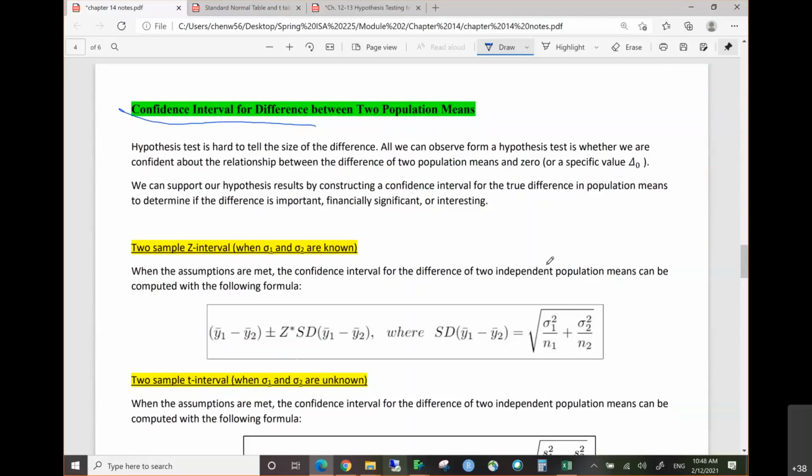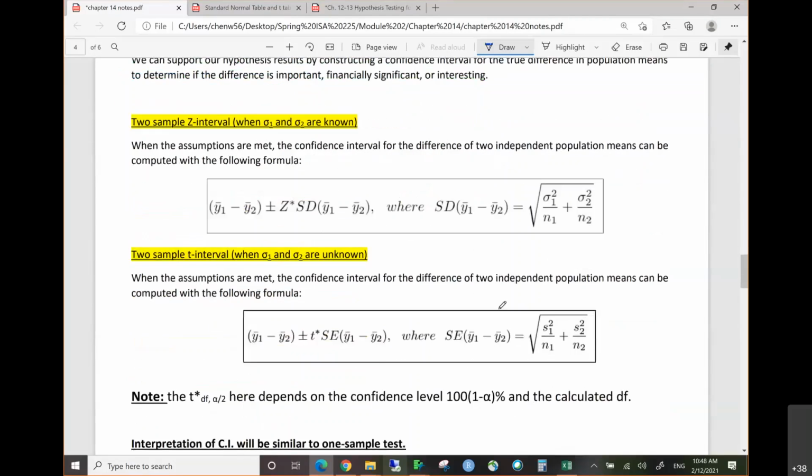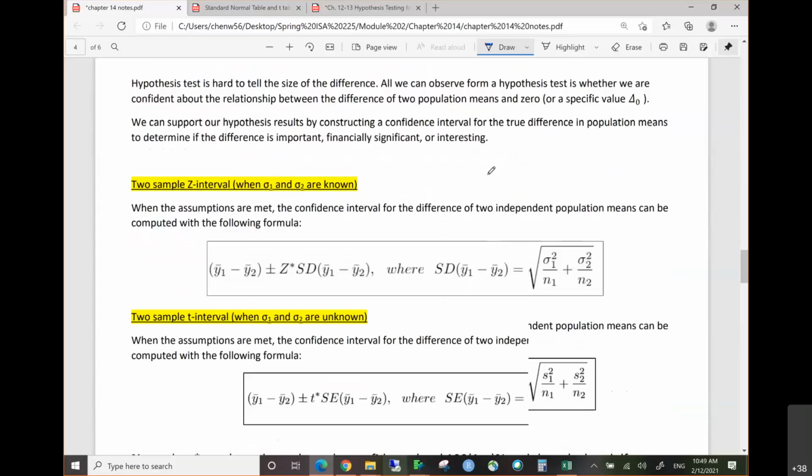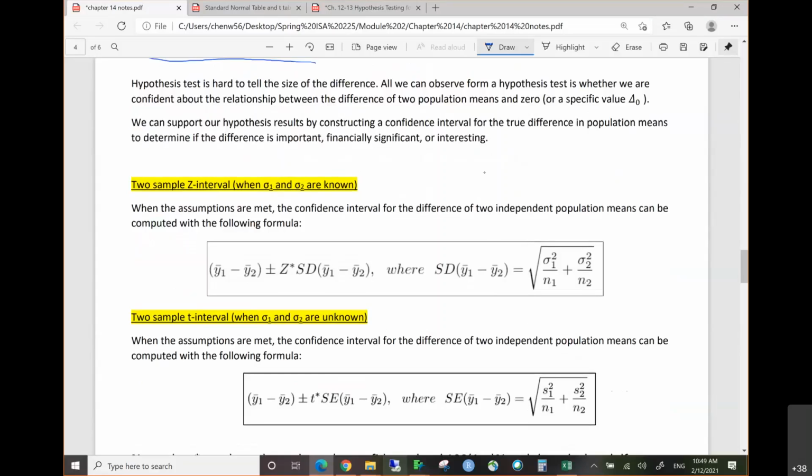Right now, you should find it very easy to understand this formula and this formula. For the confidence interval, we have the general format, which is the estimate plus minus the margin of error.